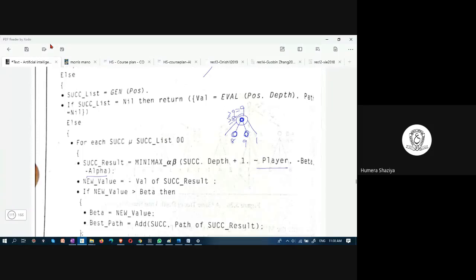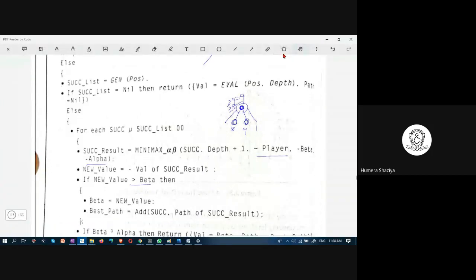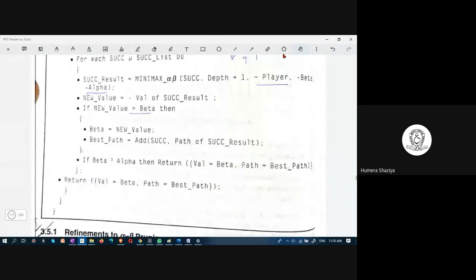if new value is greater than beta, then, what is beta? Beta is the upper bound, alpha is the lower bound. If new value is greater than beta, then beta equals new value. And the best path is added to the result.